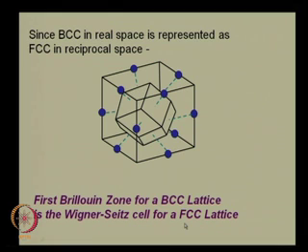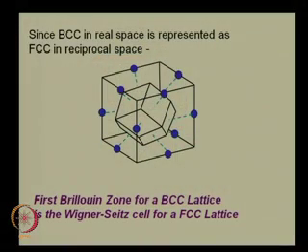I would suggest that you examine this a little carefully, so you understand what is happening as you go from one space to the other, and you also understand the scope of each definition and where we are applying the definition. If you follow these things carefully, you will not have confusion, you will be able to identify the Wigner-Seitz cell correctly, and you will also be able to identify the Brillouin zones correctly. So this is what we have done.